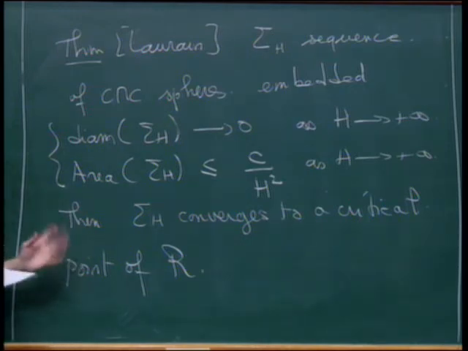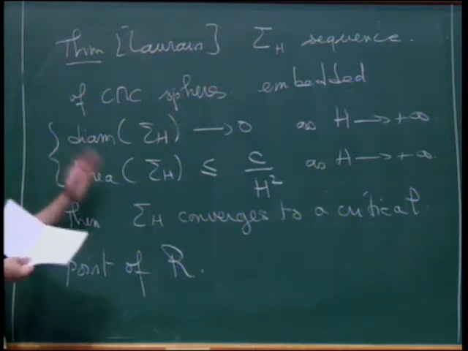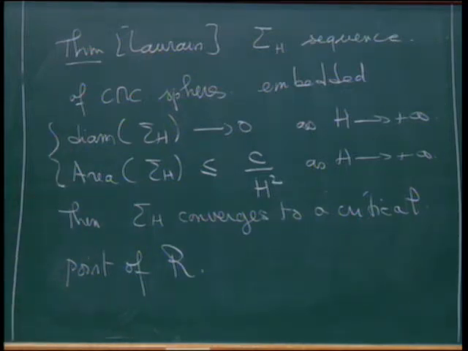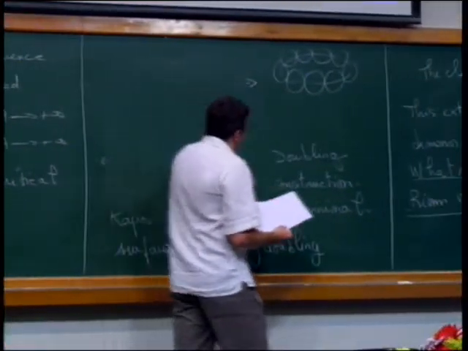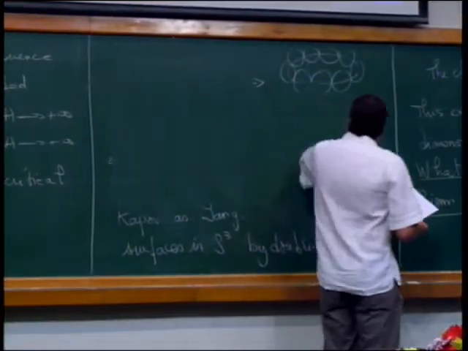And this proves that if you look for constant mean curvature surfaces with very large mean curvature and small diameter, in some sense you should not expect to find them away from the critical points of the scalar curvature function. So the scalar curvature function plays a very important role in the existence of these constant mean curvature spheres in a Riemannian manifold.